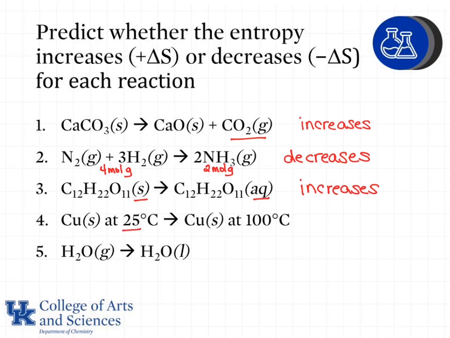As we change temperature from 25 degrees Celsius to 100 degrees Celsius, we will see this as an increase in entropy. For number 5, we have water in the gas phase going to water in the liquid phase. As we go from gas to liquid, we will always see a decrease in entropy.